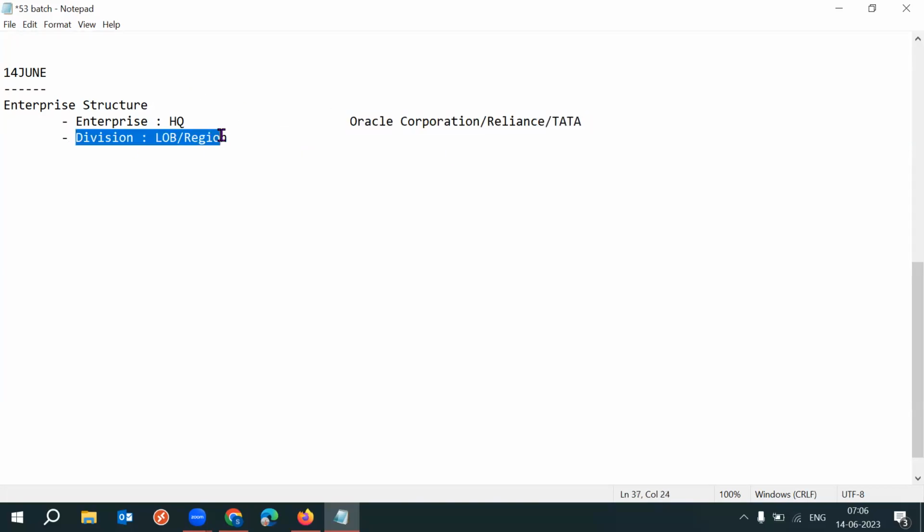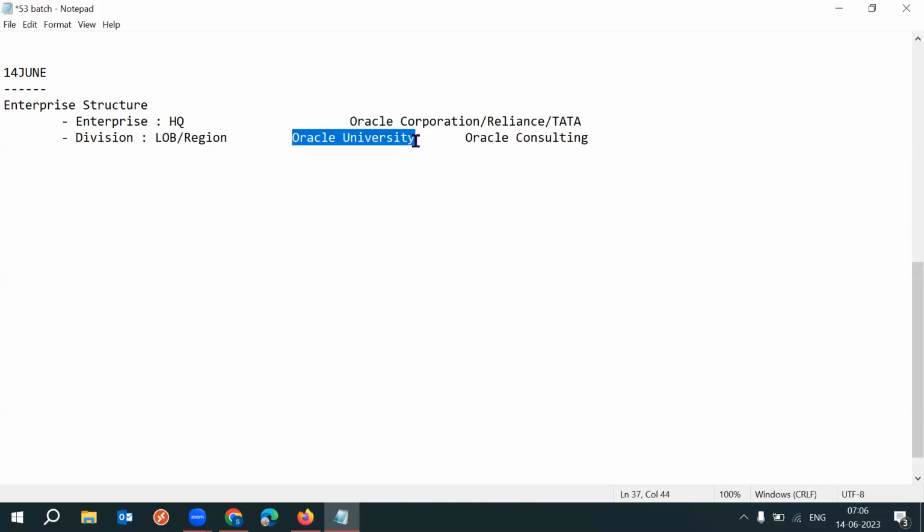And coming to the divisions. The divisions can be created based on the line of business. Suppose you take Oracle Corporation. Oracle University is one line of business, and Oracle Consulting is another line of business. Oracle University is where you take courses, similar to taking a course from me.